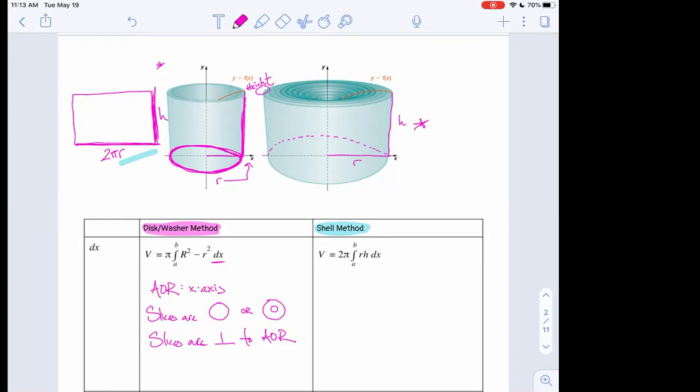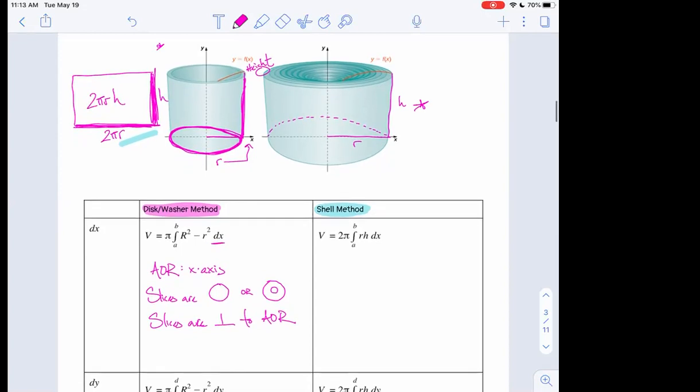And every single label is so thin that we can say the area of that label is actually a rectangle because the thickness of it is so thin. So if I want the area of this rectangle, it's going to be 2 pi r h, right? I just take the length and multiply it by the width. So I get 2 pi r times h.